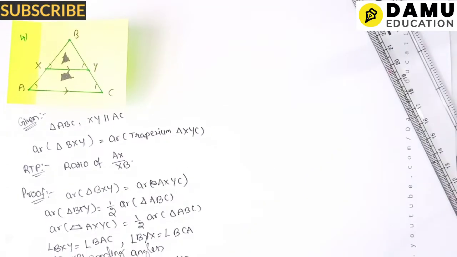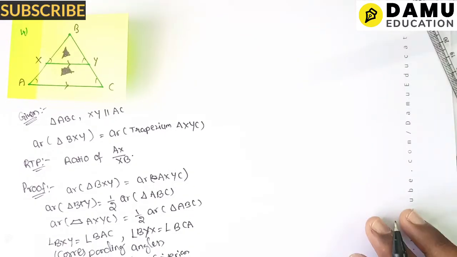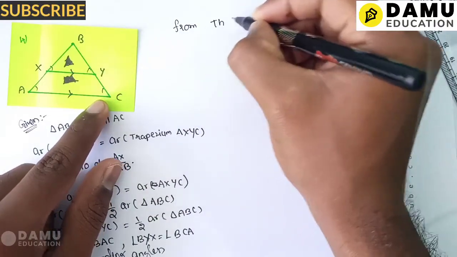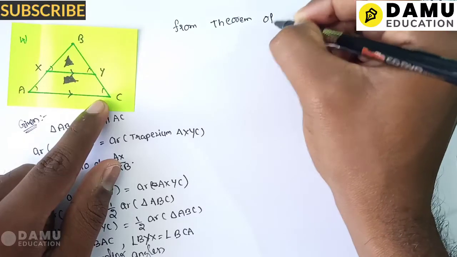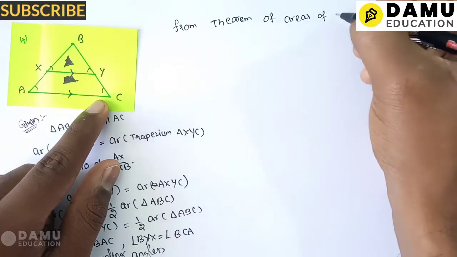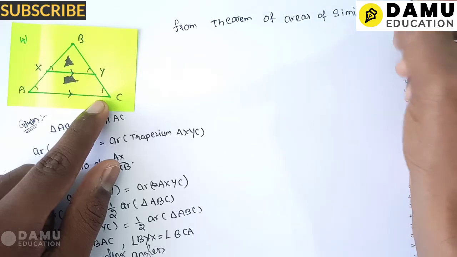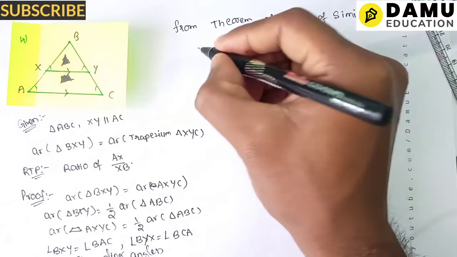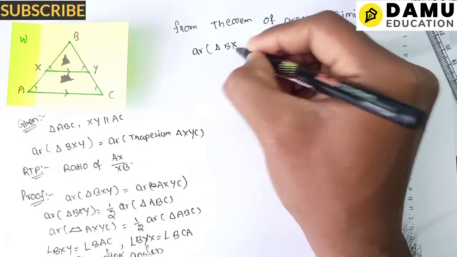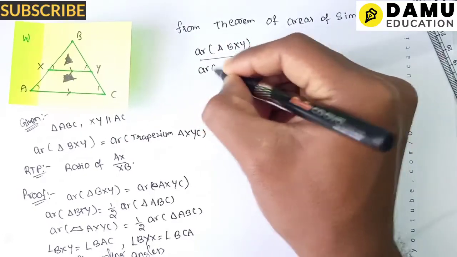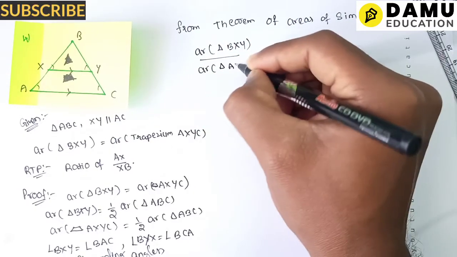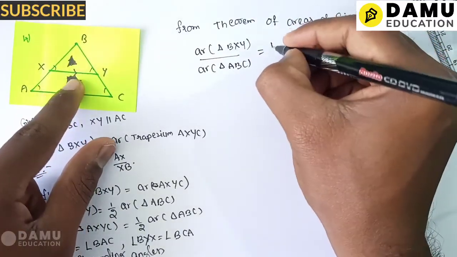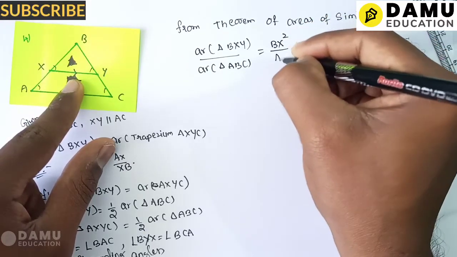From the theorem of areas of similar triangles, the area of triangle BXY by the area of triangle ABC will be equal to the squares of the sides, BX square by AB square.